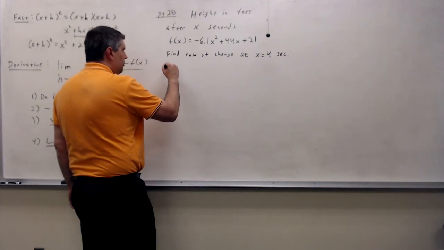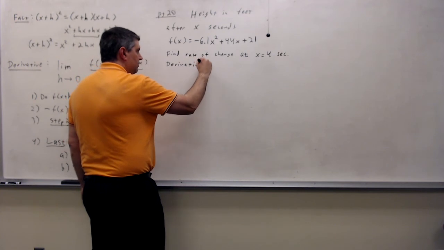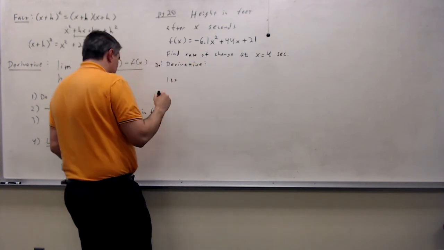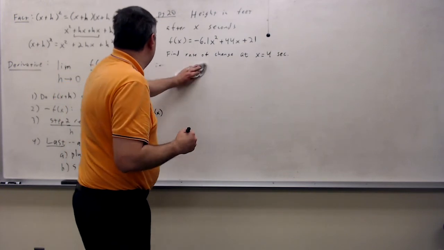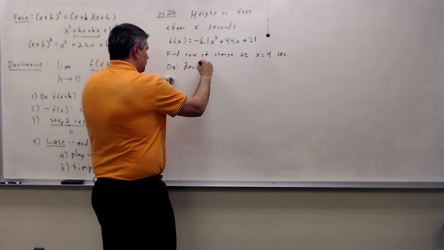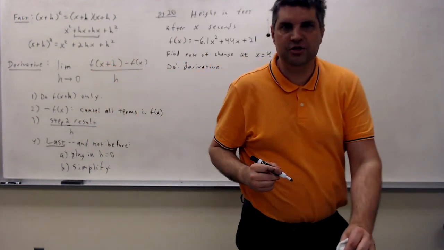So the first thing we're going to do is find the derivative first, because the derivative gives the formula for rate of change.